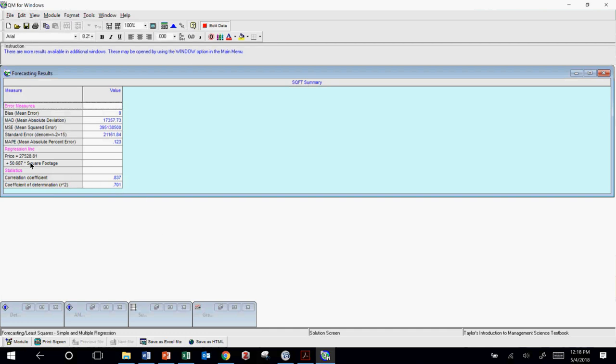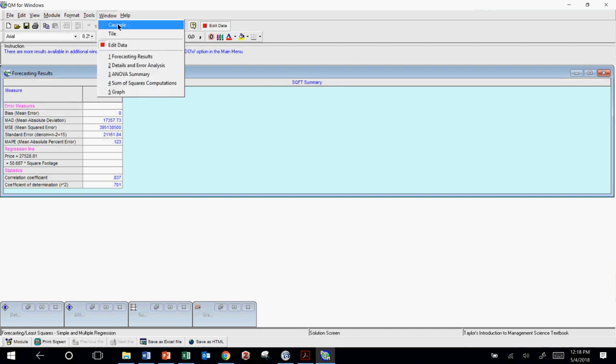So this gives us the solution to one of our problems right off the bat. Then here's also our correlation coefficient, how close the data lie together, and then our coefficient of determination, how much of the price is determined by square footage. So we have both of these right here handy.